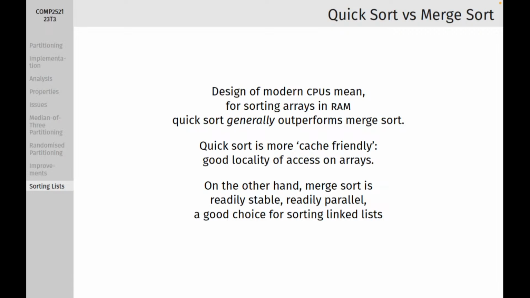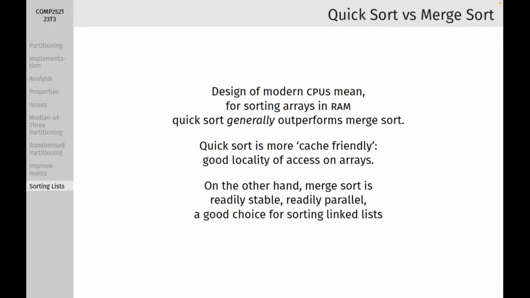Merge sort is also good for sorting linked lists. That's because with quicksort, you're often accessing specific indexes of your array. If you have a linked list, it's hard to access a specific index, because you can't just jump straight to it, you have to traverse the linked list.